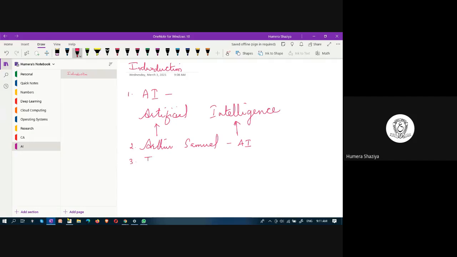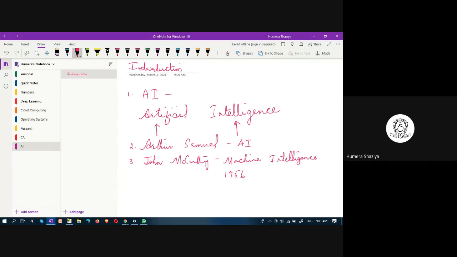There is another scientist, John McCarthy. John McCarthy organized a conference on machine intelligence. He named the conference Machine Intelligence in 1956.